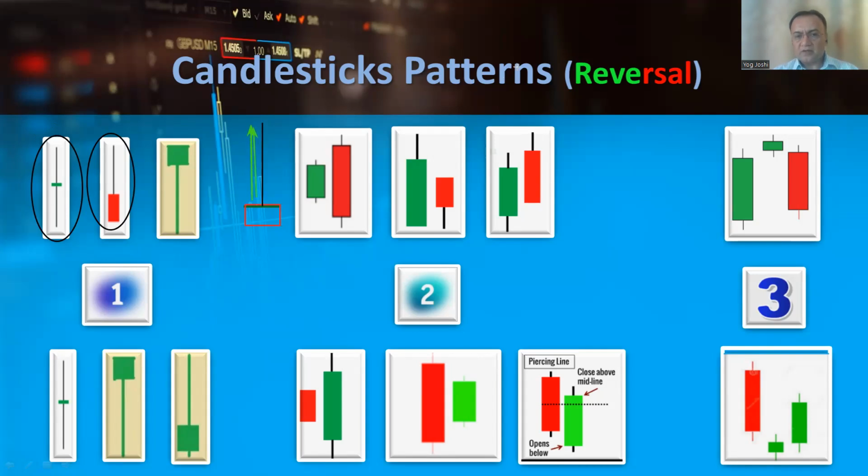But at this level, sellers also entered and compressed the candle. They did not agree to close this candle at this closing price. So they pressed the candle, and the candle closed below the opening price, and the form of the shooting star was created in the candlestick chart.